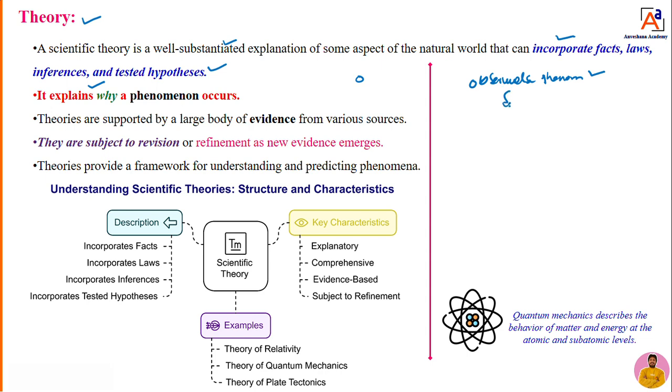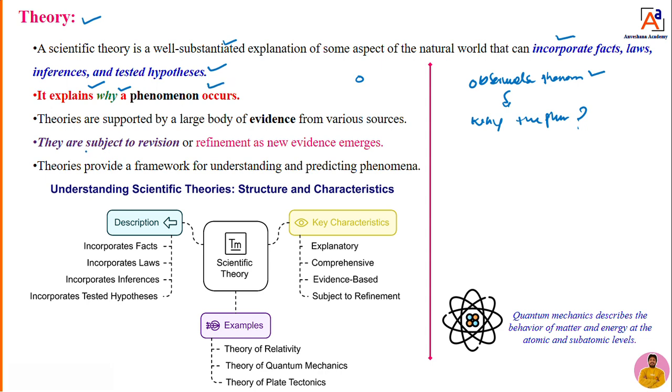Why that phenomena is happening is explained by a theory. The theory will give the reasons and it will give the descriptive explanation or framework for that phenomena, why it happened. So what actually does theory do here now? Theory is going to explain why a phenomena occurs in nature.